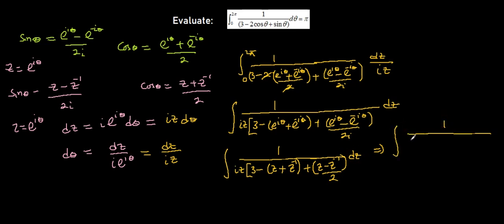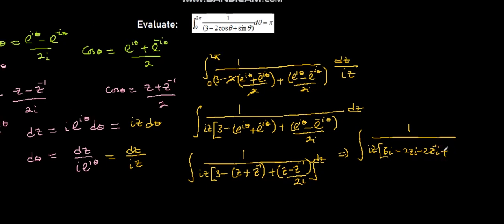So this will give rise to 1 all divided by iz here into, now I'm taking the LCM, this is 2i here, 2 times this, you have 6i, minus 2 times the whole of this, you have minus 2zi, minus 2z inverse i.